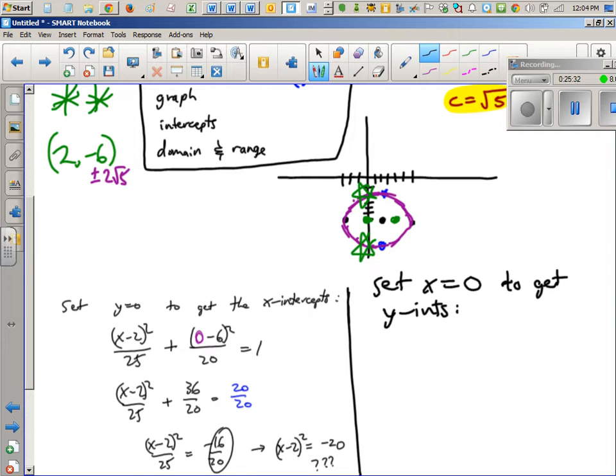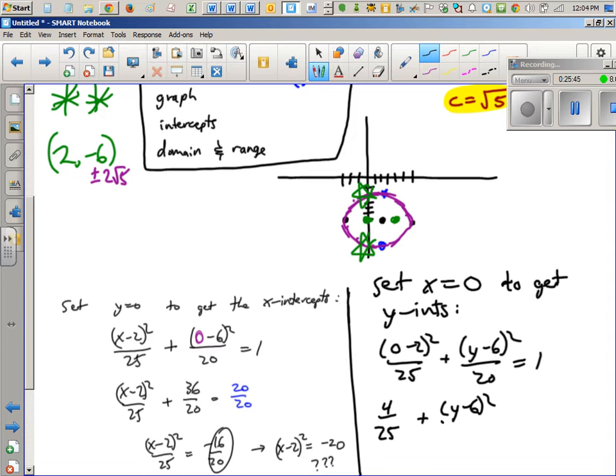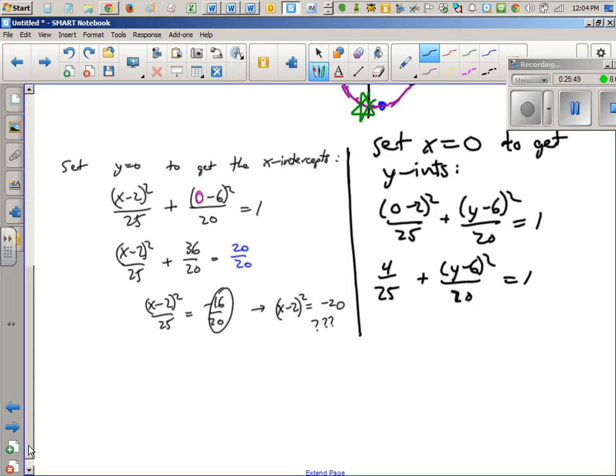Okay, so it's going to be (0 minus 2) squared over 25 plus (y minus 6) squared over 20 equals 1. So 4 over 25 plus (y minus 6) squared over 20 equals 1. You can write the 1 as 25/25ths so that you can subtract properly. And you basically just get 21 over 25.